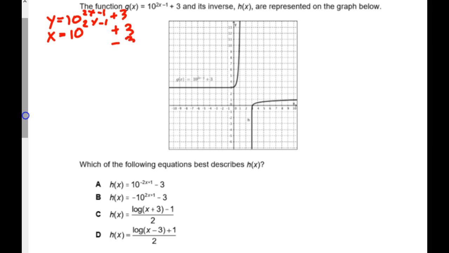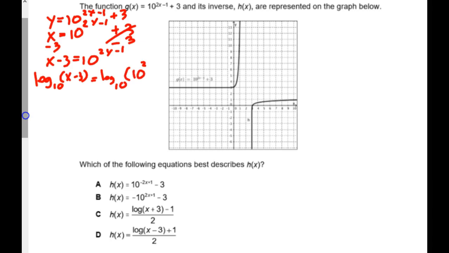Get rid of the loner. Then you log both sides. The log and the 10 cancel out. So I have log of x minus 3 equals 2y minus 1. Add 1.